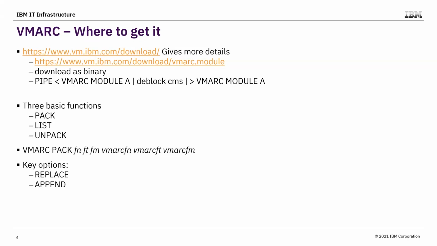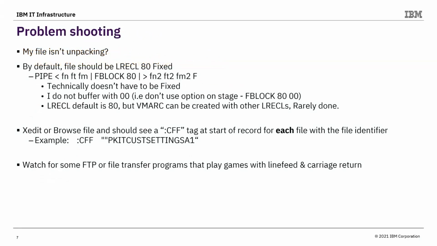That is whether I want to add a new file to the archive or replace a file that's in there, if I'm updating a package, something of that nature, right? So some other things that we'll look at here is when I get a VMARC file, sometimes it doesn't unpack, right? And we'll talk a little bit about that. I'll show you some examples.